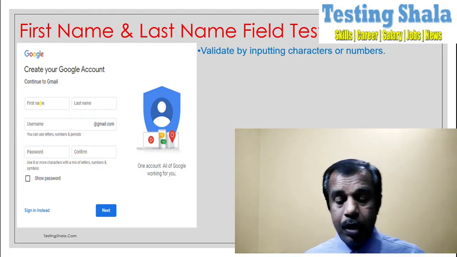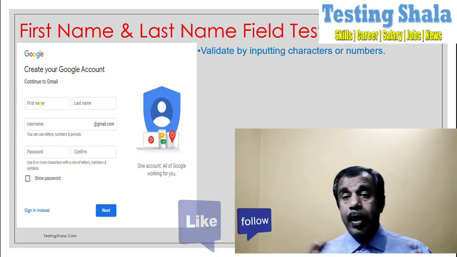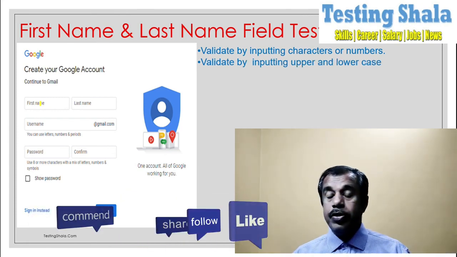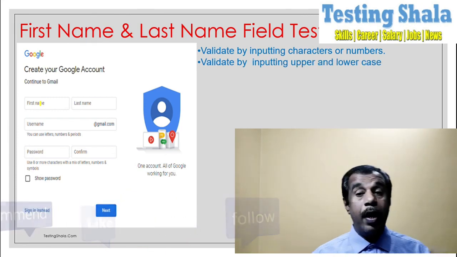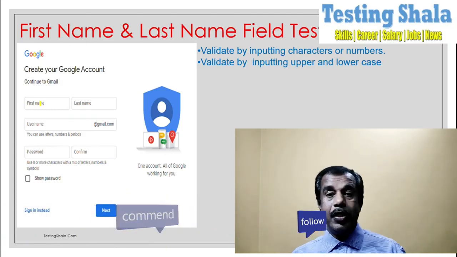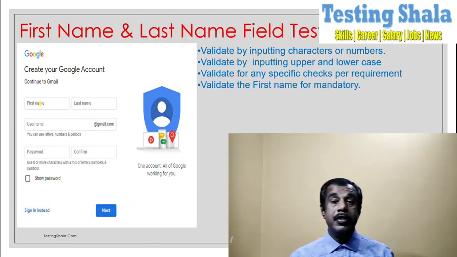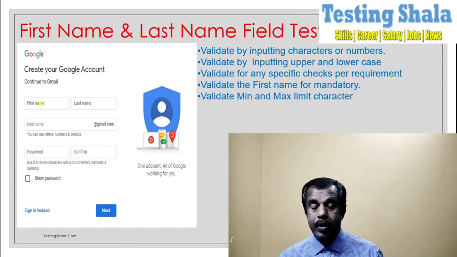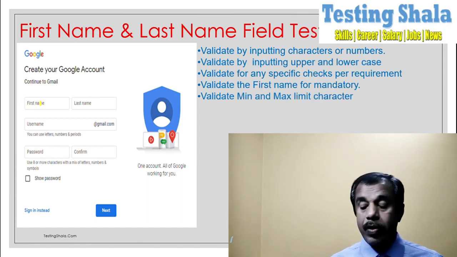So first name and last name will be validated by entering appropriate characters, appropriate numbers, and also tested with uppercase and lowercase. Whether it is mandatory or non-mandatory, your requirements will say. Hence, first you need to validate your requirements.